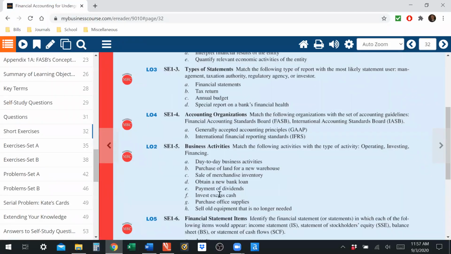But the implication here, this excess cash, they're buying some long-term asset. They're investing it. G, purchase office supplies. Right. Operating activity. Good.